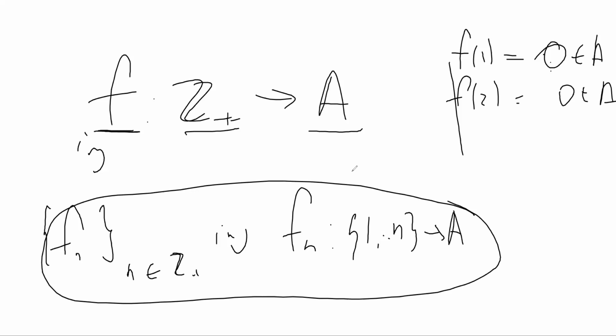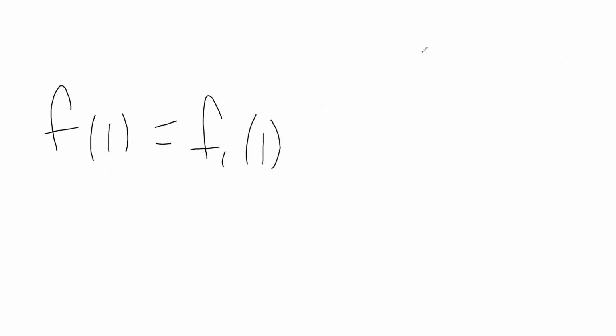Okay, so how about we try to make one? My first attempt when I was trying to solve the problem was to say, how about we choose f1 to be f11, right? Because we know that the function f1 goes only from 1 to A. Say it goes to a0, right?